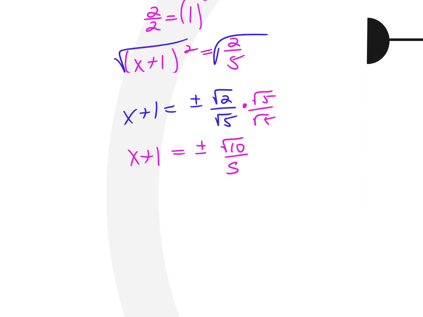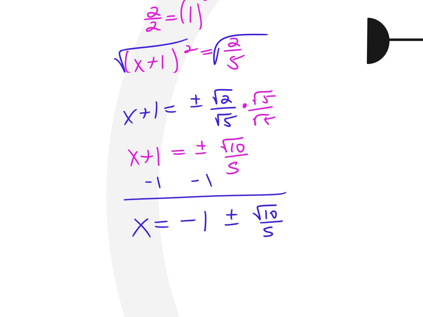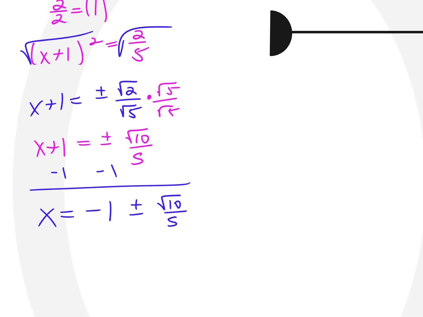Perfect. And then my last step. Subtract 1. Okay, here's another place where people made silly mistakes. This is negative 1 plus or minus the square root of 10 over 5. Does the negative 1 have a denominator of 5? No. Some of you went something like this.